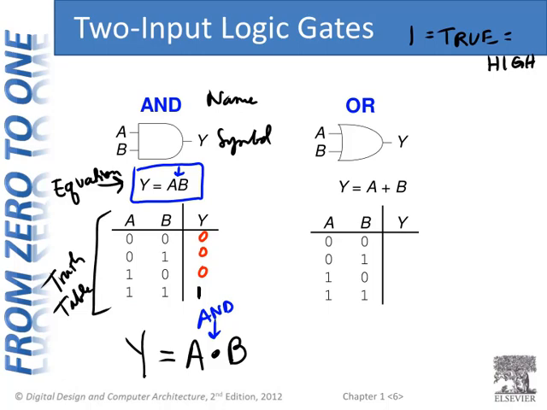An OR gate on the right here, the OR gate, again we have the name, symbol, equation, and truth table. The OR gate symbol has a rounded input followed by kind of pointed curve on the output end.